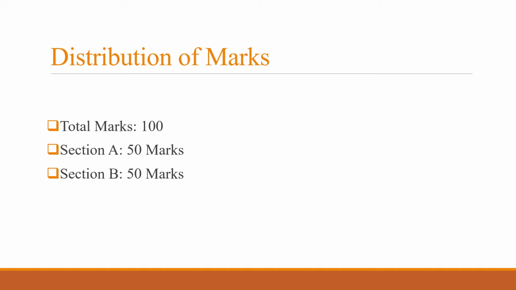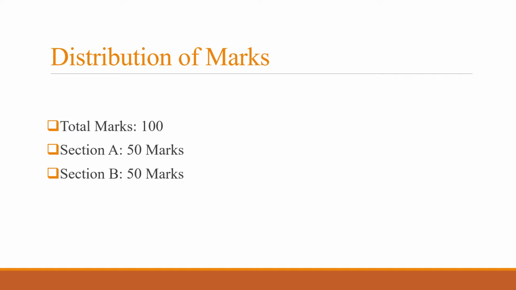So we can see that the total marks of this paper, I mean the B.Sc English paper, is 100 marks, and there are two sections in this paper. Section A consists of 50 marks, and section B also carries 50 marks.